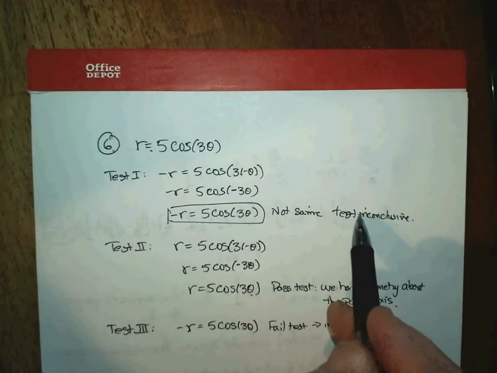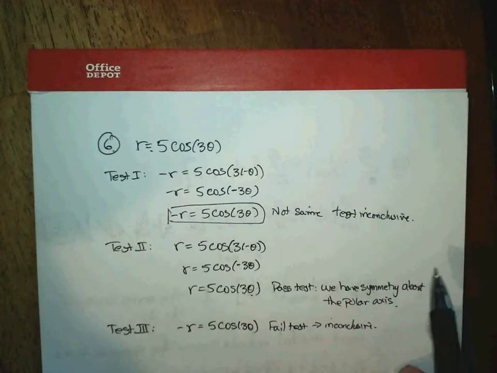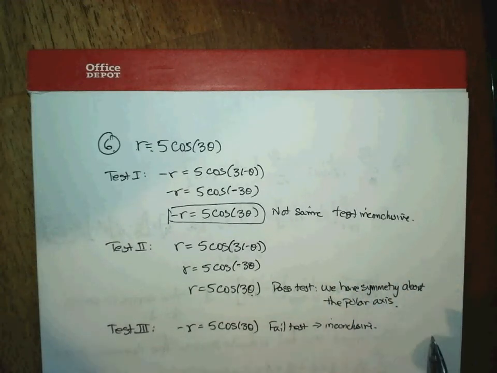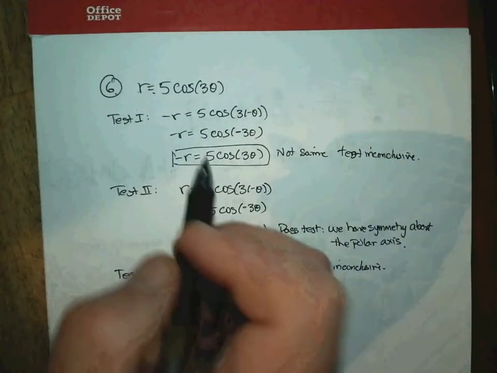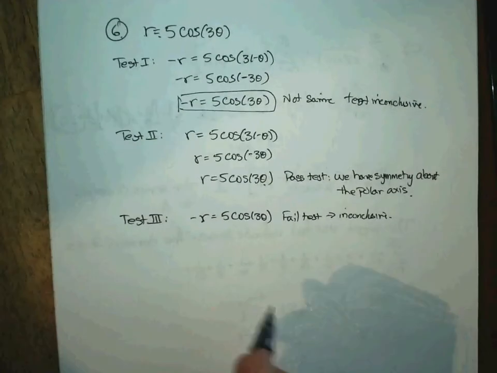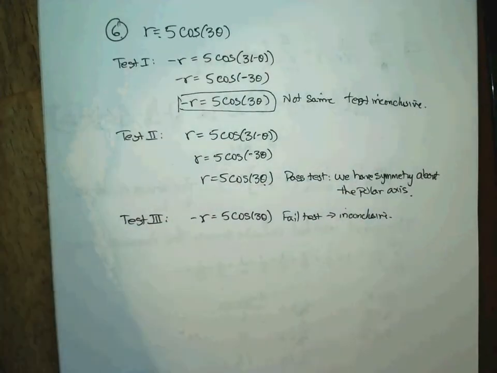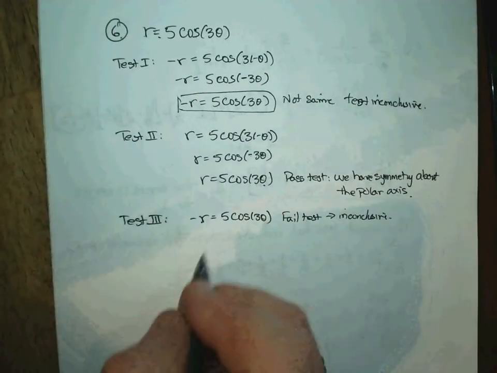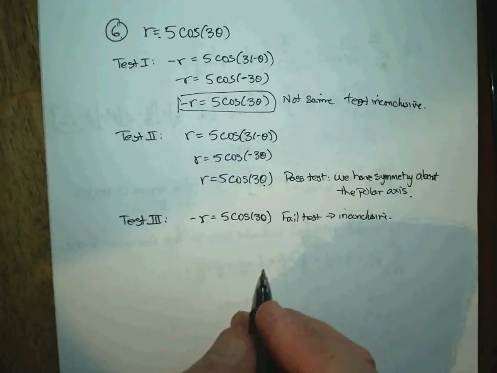Just like up here, I didn't know if I had symmetry about the line theta equals pi over 2 or not. But what I do know for sure is I have symmetry about the polar axis for this equation in number 6.